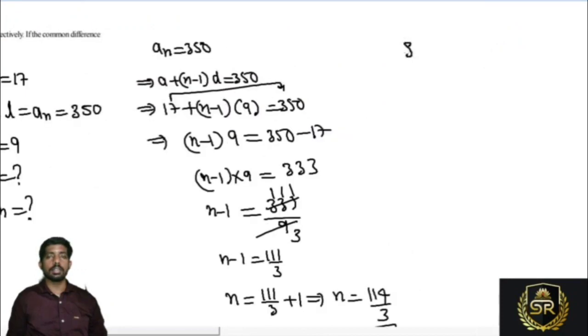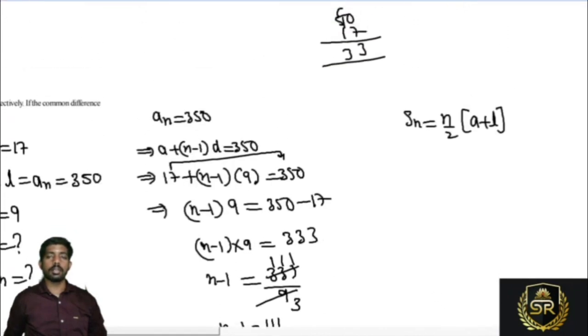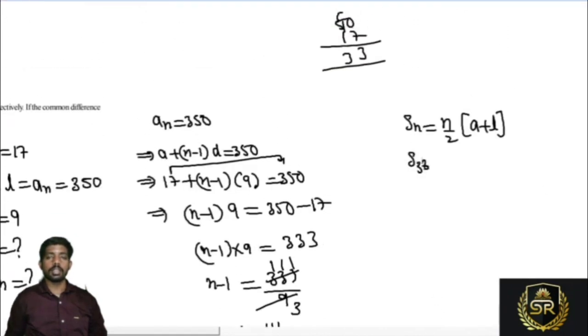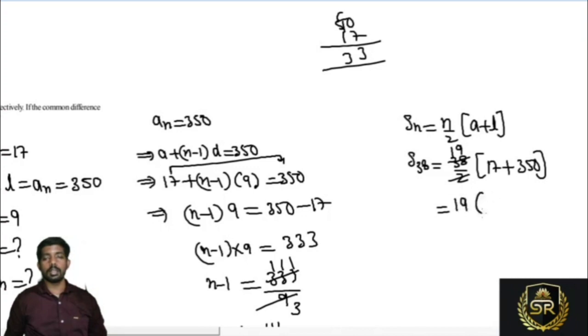We got it. So Sn = n by 2 into the first term plus the last term. Here n is 38, so Sn = 38 by 2 into a, which is 17, plus L, which is 350. Adding, we get 367.